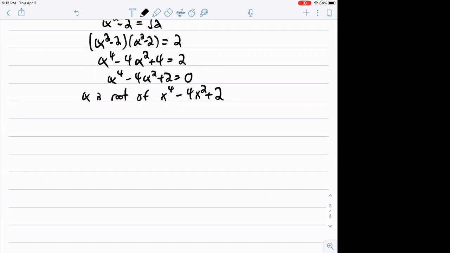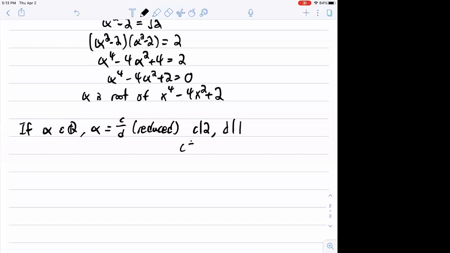So here, if alpha was in Q, again, assume by contradiction that alpha is C over D, reduced, where C divides 2 and D divides 1. Again, D is plus or minus 1, so C over D is, if you think of all the possible combinations, this.